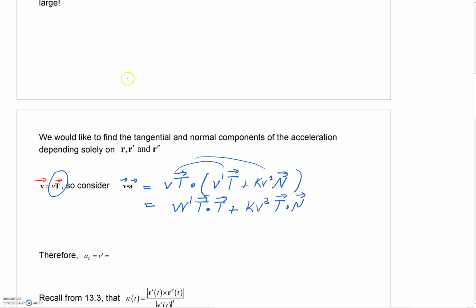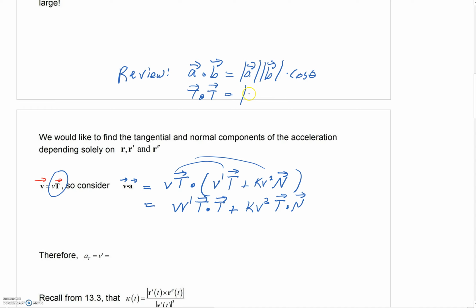Well, let's have a little bit of review. Remember from our dot products, when we had A dot B, that was always the length of A, times the length of B, times the cosine of the angle between them. Well, what if we looked at the dot product between a unit tangent vector and itself?